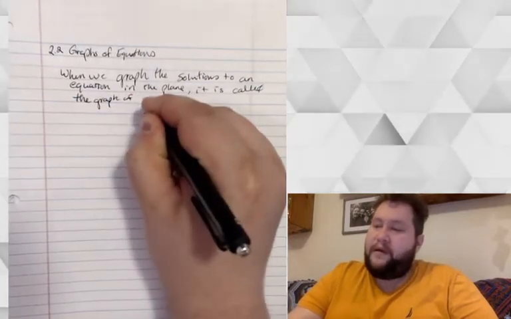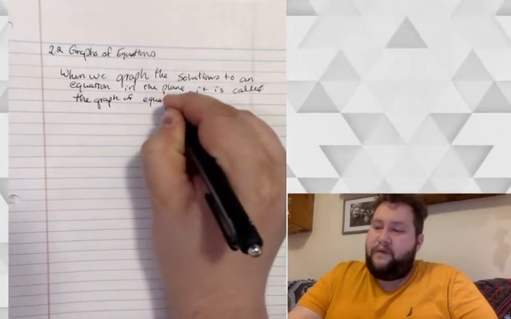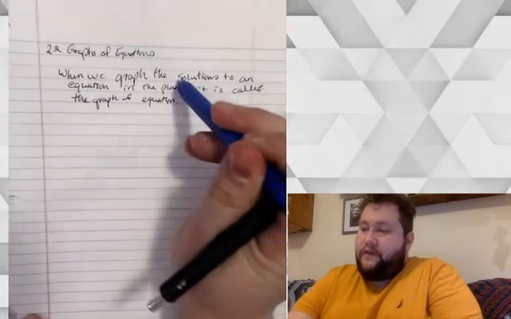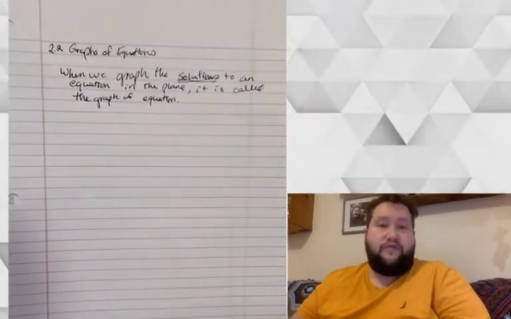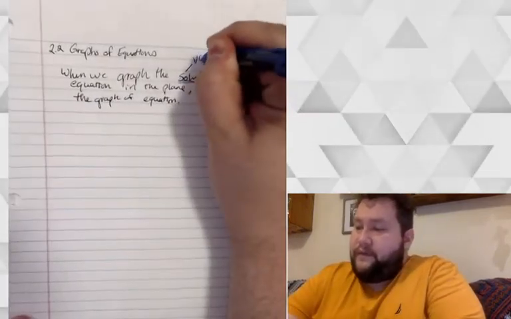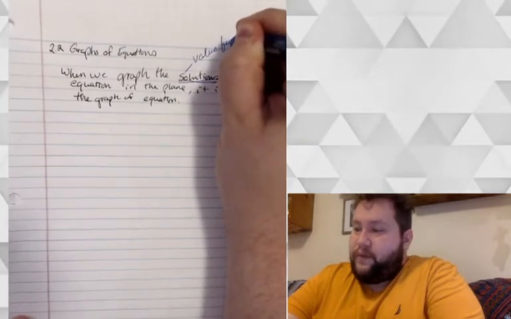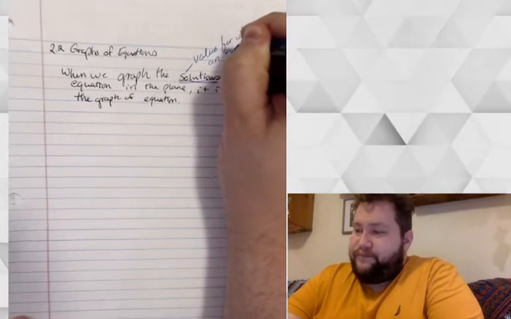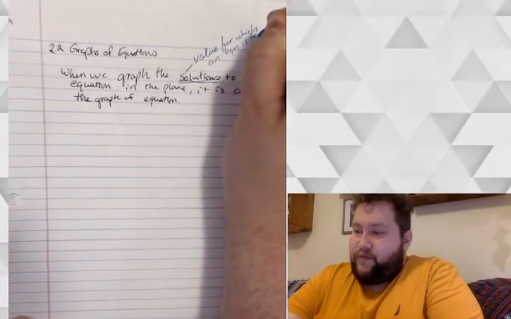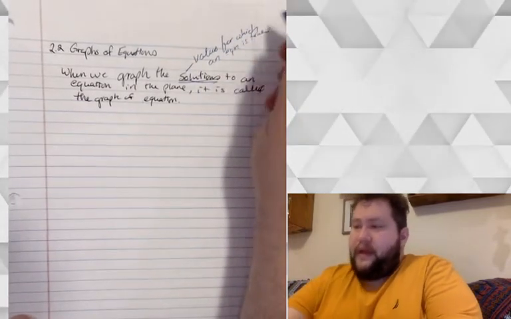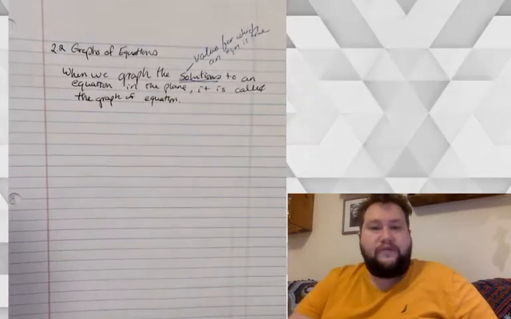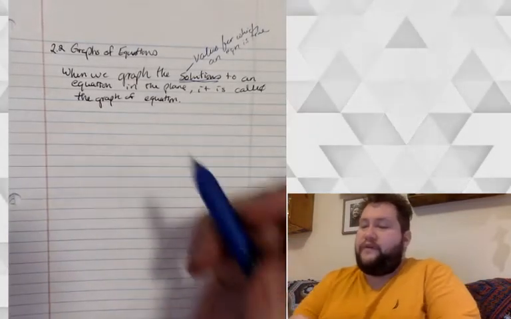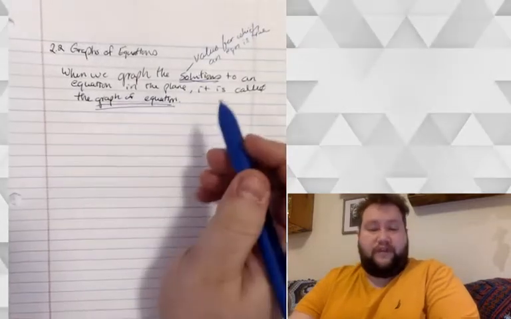So remember, those solutions are the values for which an equation is true. And so if we take all of those solutions and we plot them on a graph, that result is called the graph of that equation.